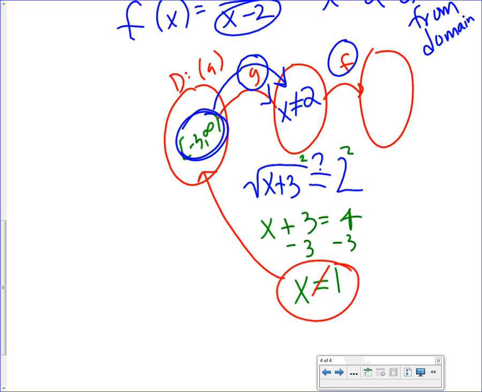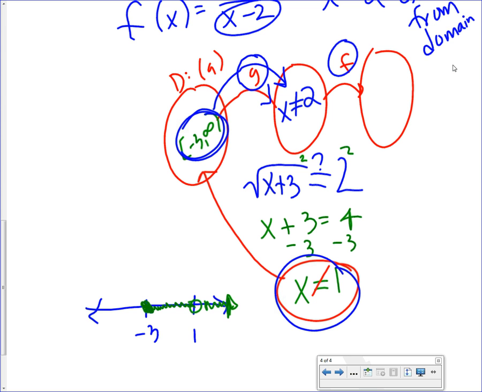So the domain is from negative 3 to infinity, excluding 1. So going back to our picture, it includes negative 3, but when we get to 1, we're going to have an open circle. So the domain includes negative 3, goes to infinity, but we had to take out 1.